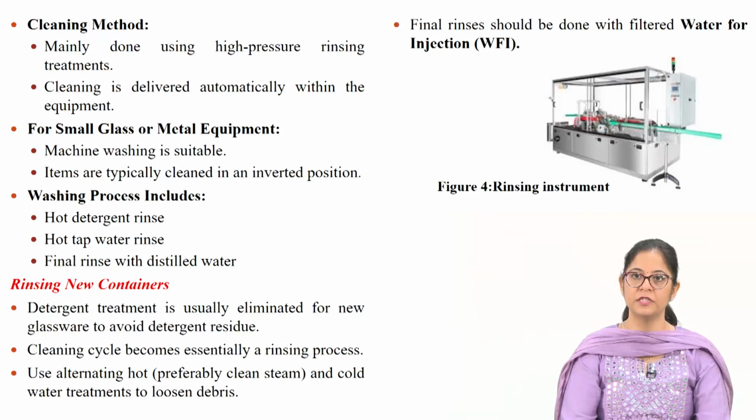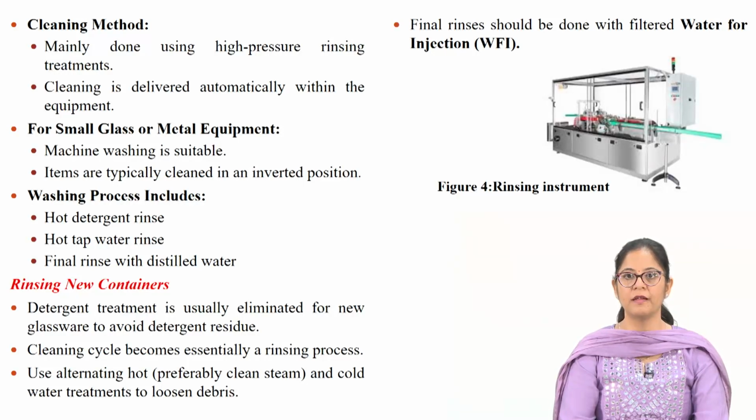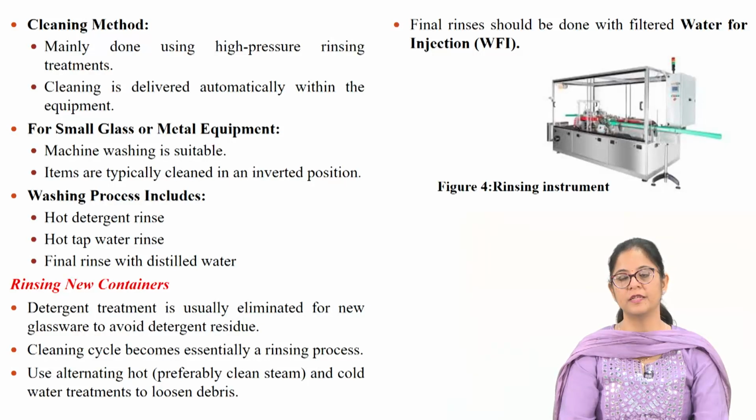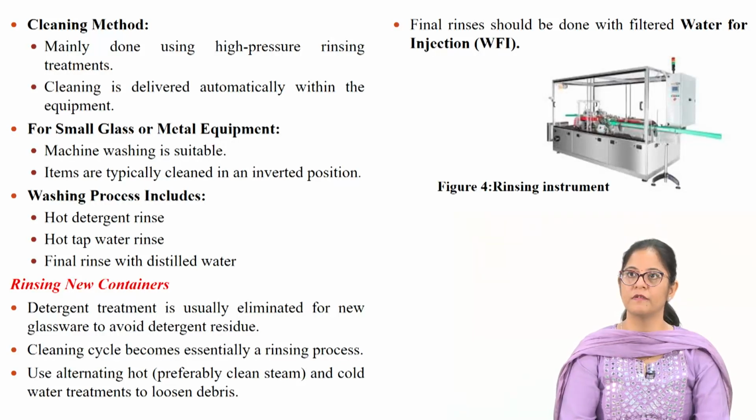Detergent treatment is usually eliminated for new glassware to avoid detergent residue, so the cleaning cycle becomes essentially a rinsing process. Alternating hot, preferably clean steam, and cold water treatments are used to loosen the debris. Final rinses should be done with filtered water for injection.